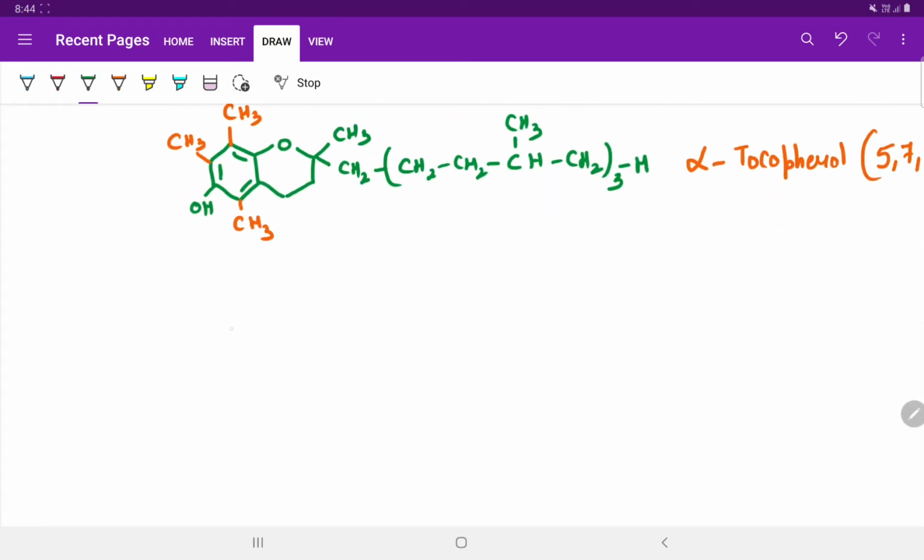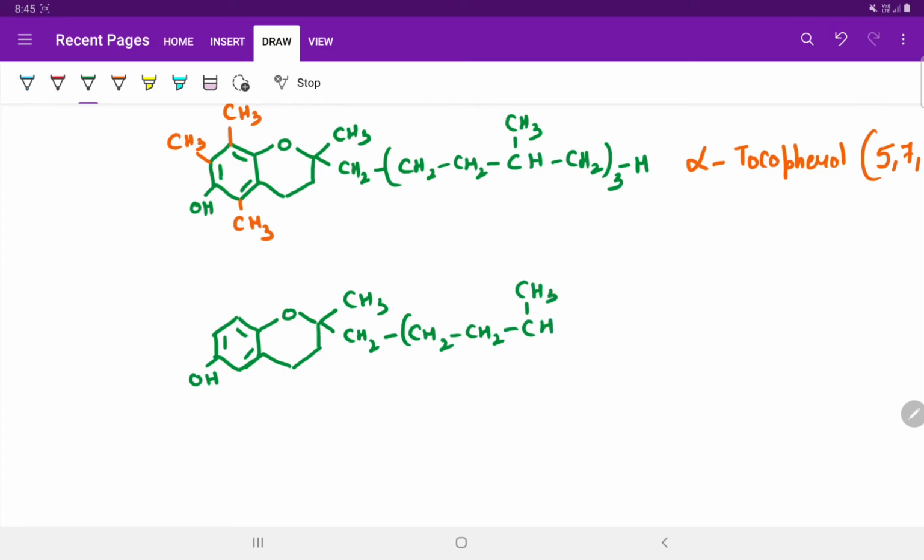Similarly, there will be the structure for beta tocopherol also. The basic tocol ring structure will be same for all of them. This is the isoprene unit. Now comes the attachment in the beta tocopherol. In this case, it is only at the 5th and the 8th position.